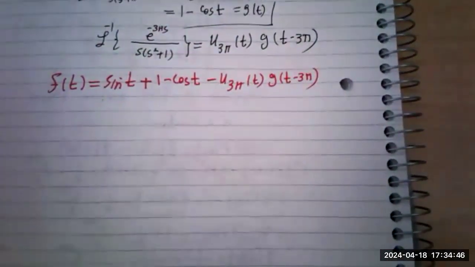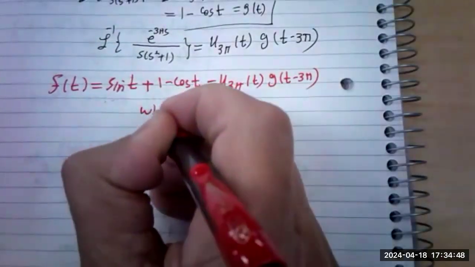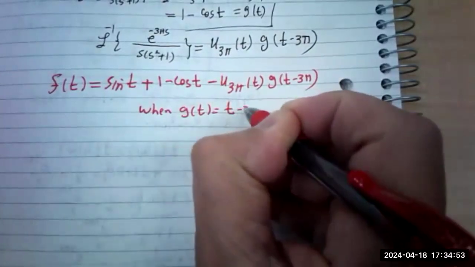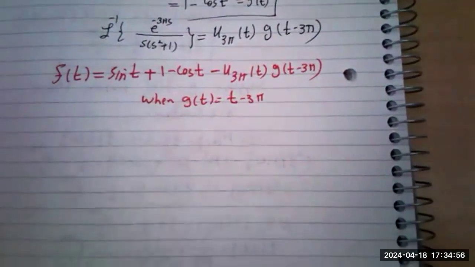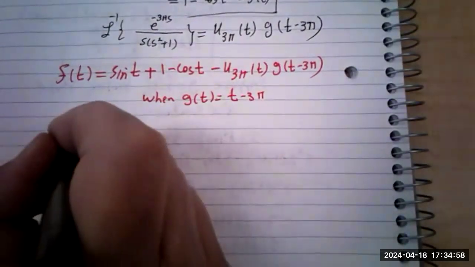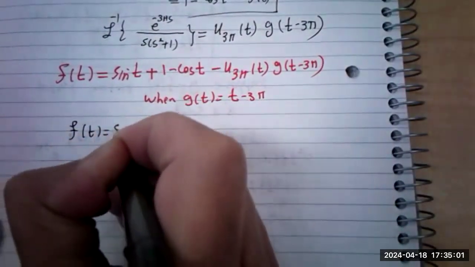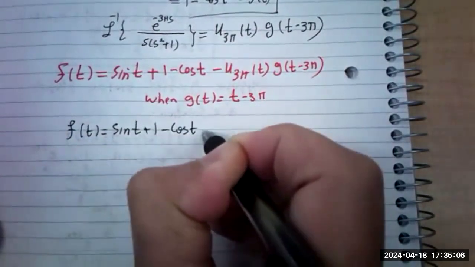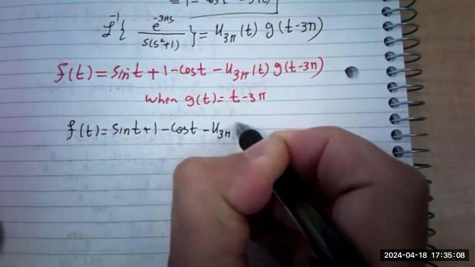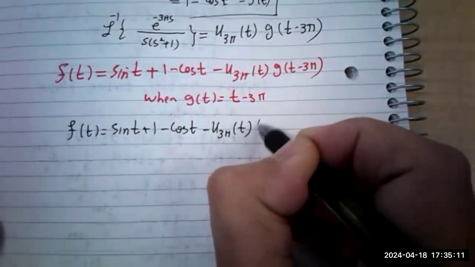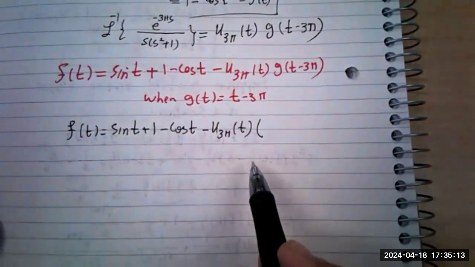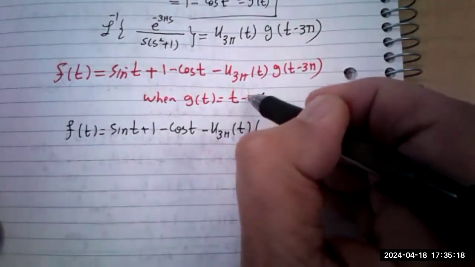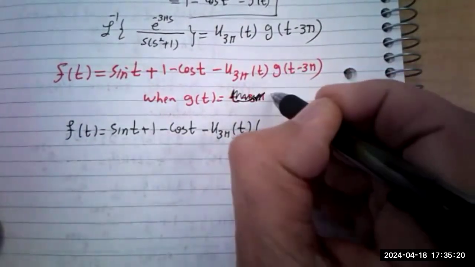If you write it in this form, you have to introduce the g. You say that g of t is equal to 1 minus cosine t. If you want to write everything, f of t equals sine t plus 1 minus cosine t minus u 3 pi of t times, sorry, g of t, that's not correct. g of t was 1 minus cosine t.